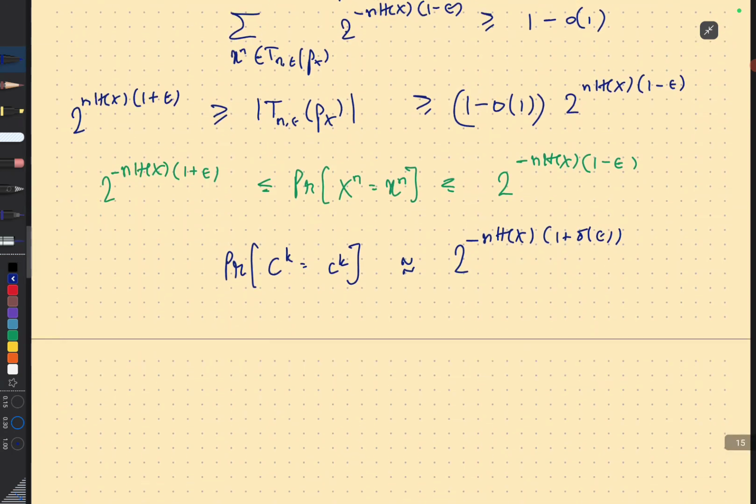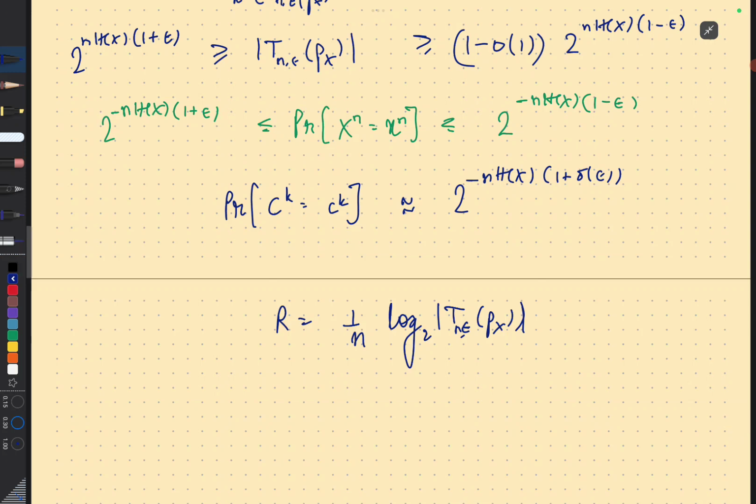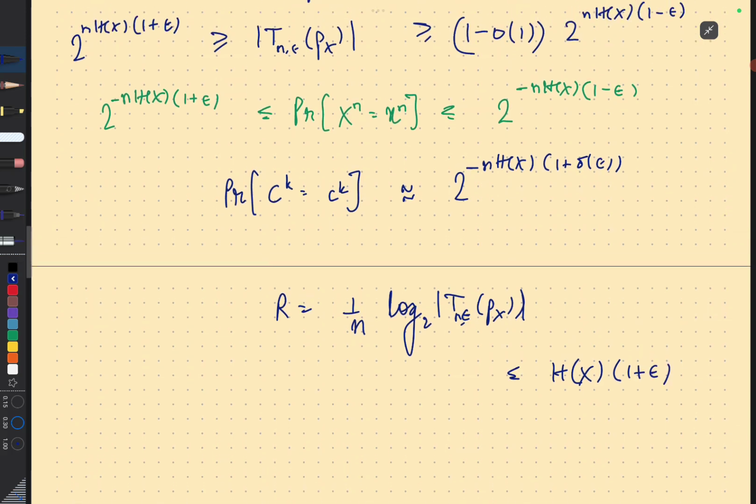Okay, so now that we have this, what is the rate? So the rate is 1 over n log cardinality of Tn epsilon of Px, which again from the bounds that we have, this quantity is less than or equal to entropy times 1 plus epsilon, and it is greater than or equal to entropy into 1 minus epsilon plus a little o of 1.